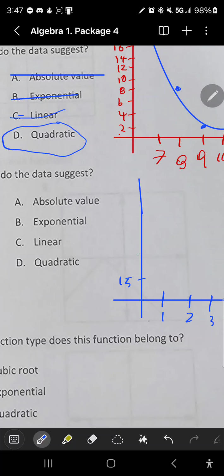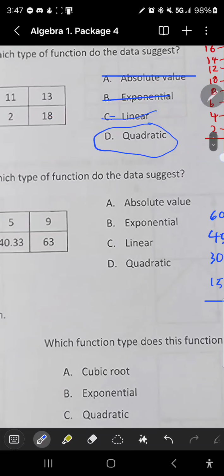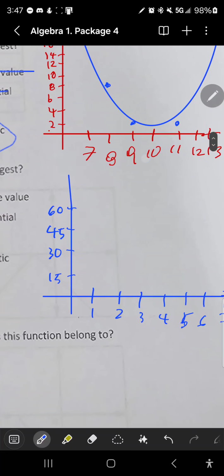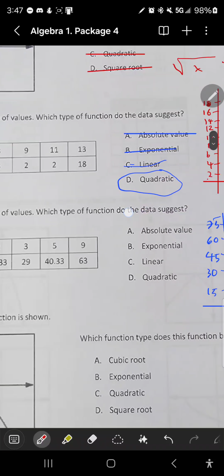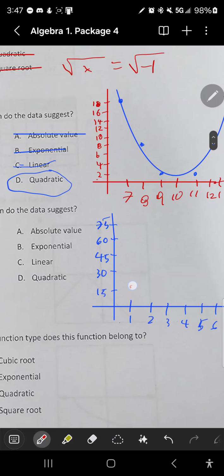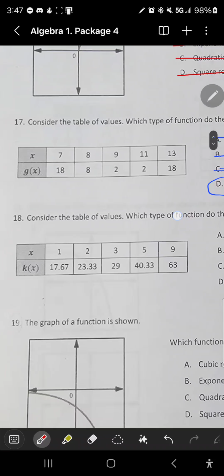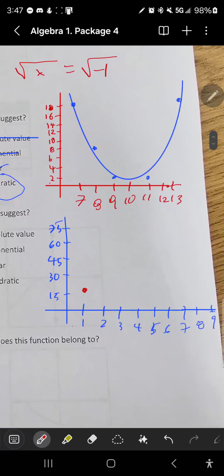So 15, 30, 45, 60, 75. So now I can plug in the points. I have one with 17, so around here. Two with 23, so around here.